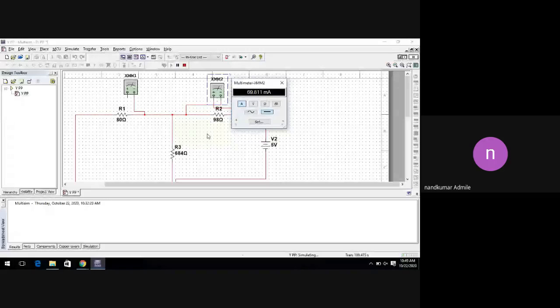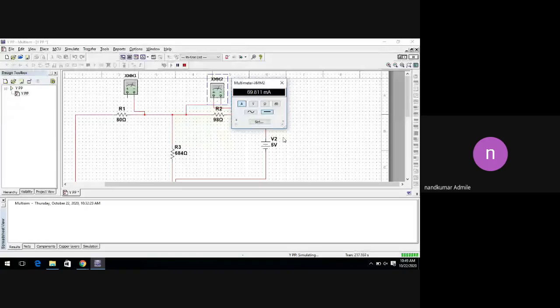Once we know the formula of these four parameters, we can easily find out the values of y11, y12, y21, and y22. So note down the values of I1, I2, V1 and V2. Once we know the values of these four, we can calculate the parameters.